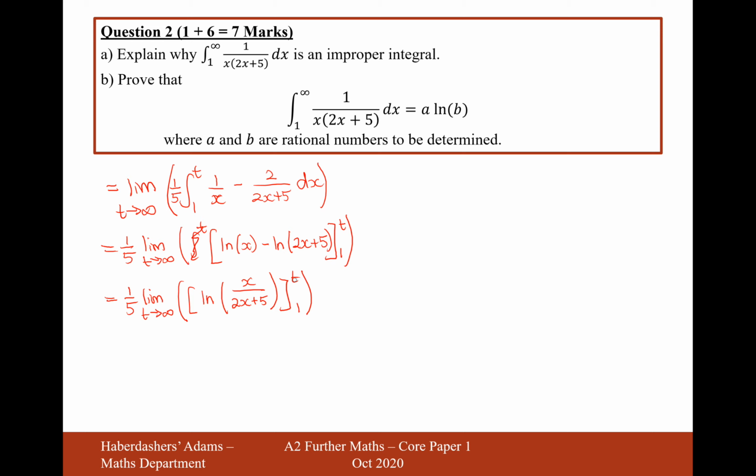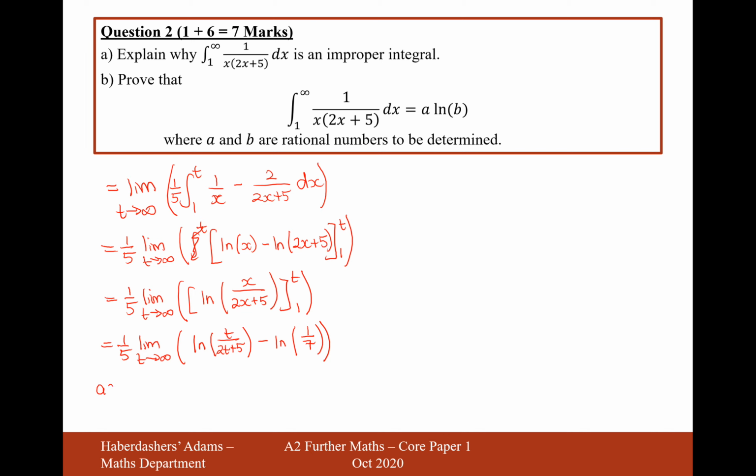Now we need to consider what will happen if we put t in. In fact, let's put t in first. Limit as t tends towards infinity of ln(t over 2t + 5), and then put 1 in, so subtract ln(1 over 7). Now we consider the limit as t tends towards infinity.